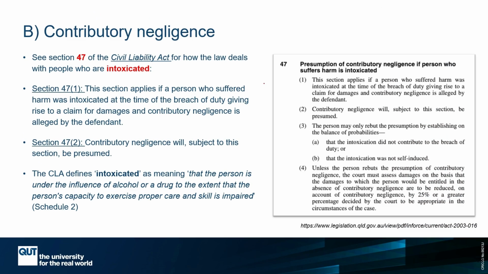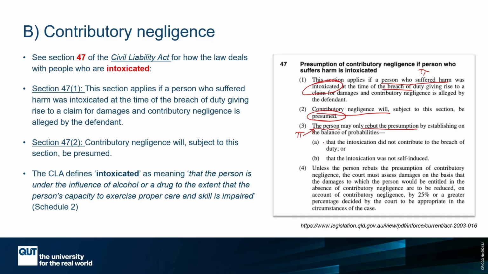So Section 47 of the CLA sets out that if the plaintiff was intoxicated when the event or breach of duty occurs, so this is when the defendant's breach occurs, so if you're drunk when the harm happens, contributory negligence will be presumed, and the plaintiff has to rebut that presumption.